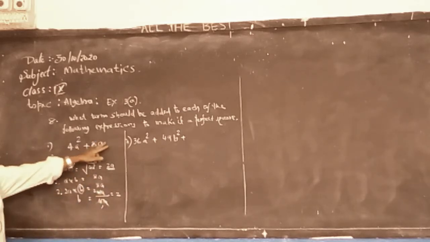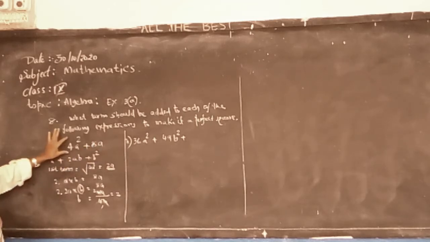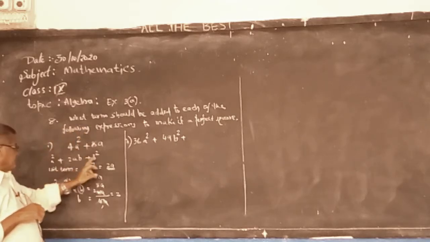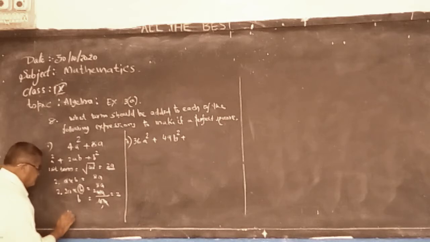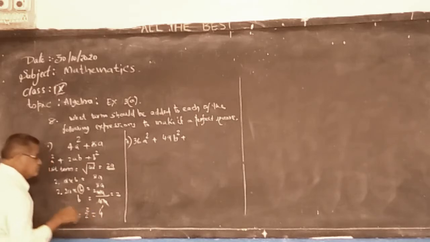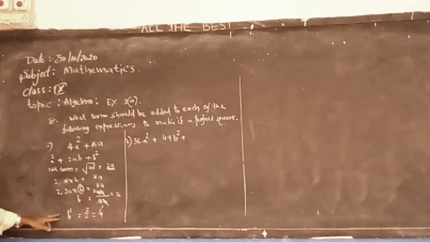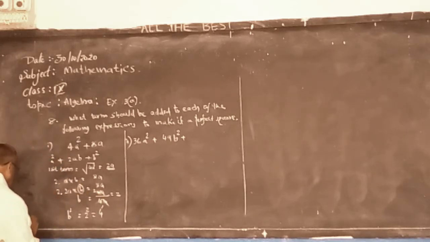What should be there as the third term? The b squared form is 2 squared, that is 4. So 4 should be added to make it a perfect square. That's the conclusion.